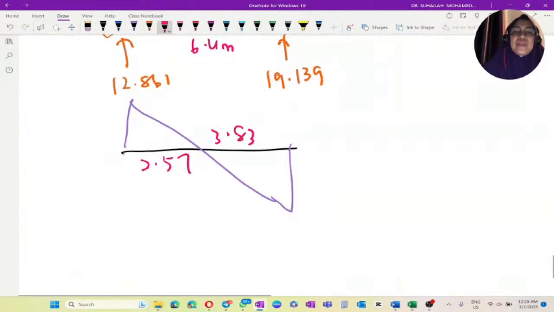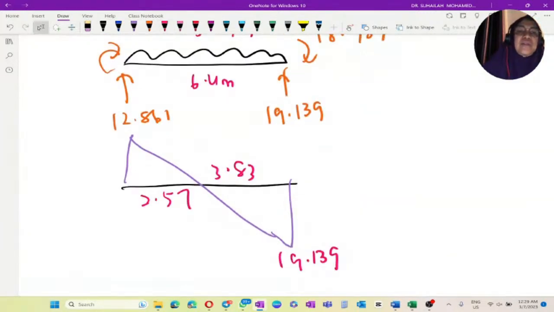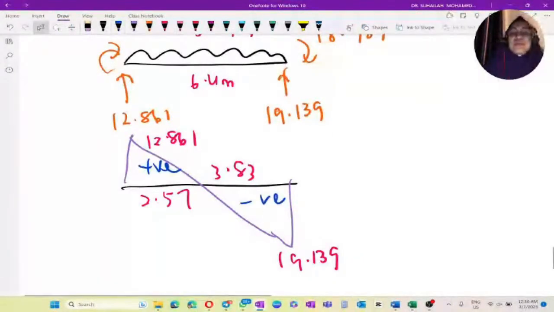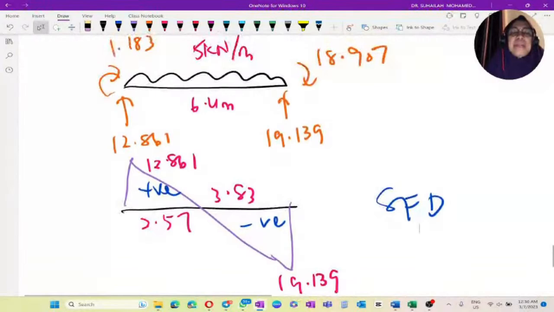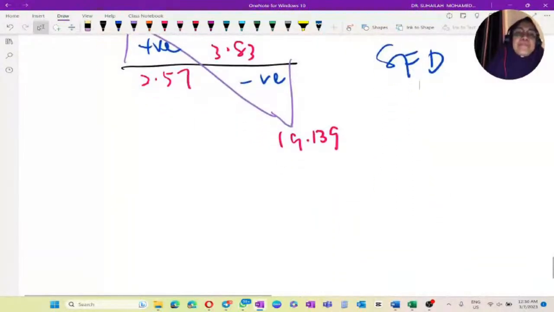The value is 19.139 and 12.861. This is positive. This is negative. Okay, so this is shear force diagram. From this we will draw the bending moment diagram.